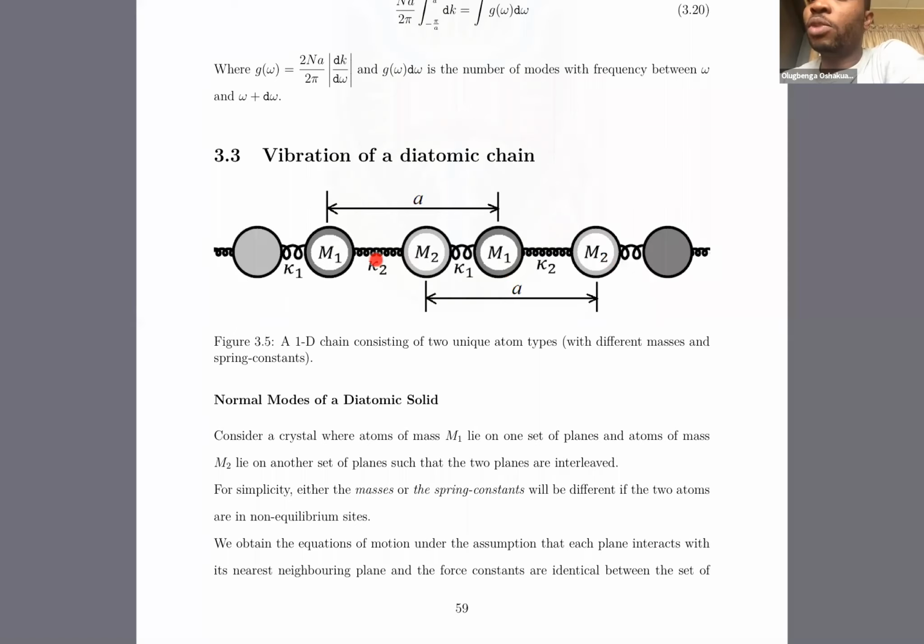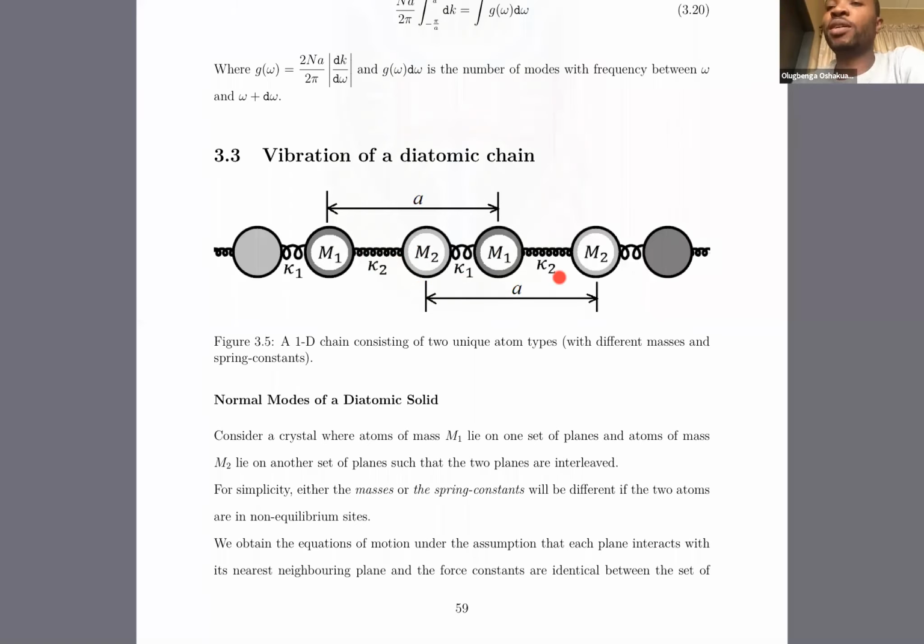Also, unlike the monatomic chain, where the spring constants holding the atoms together are the same, in this case you are going to have two different spring constants. The one holding M1 and M2 will be different from the one holding M2 and M1 on the right-hand side of M2. So we're talking about M1, M2, and also kappa 1, kappa 2.